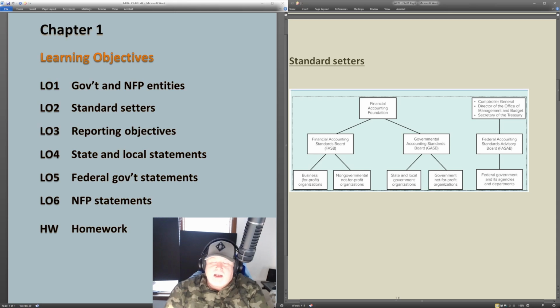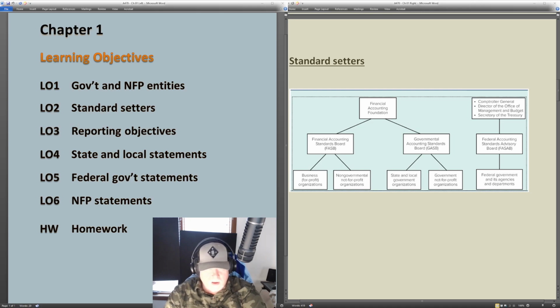This chart is in your books, and all it does is show that there are several different things here that we kind of alluded to, but gives you a little bit more definition.